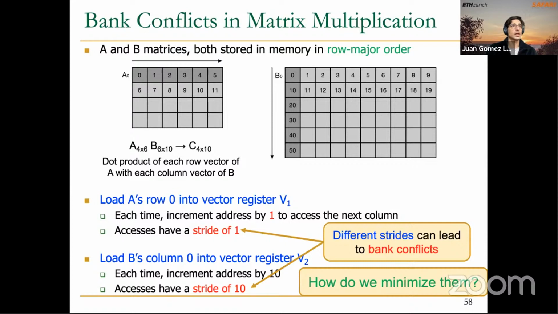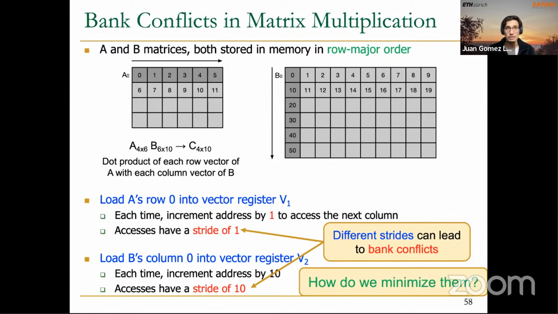So in the case of a stride equal 10, I think it's quite clear if you think about a memory with 16 banks, for example. 10 and 16 are not relatively prime, and what that means is that some elements of these columns will fall into the same bank, and when it comes to accessing them, we will have to wait, for example, for reading element 30 until element 10 has been accessed, right?